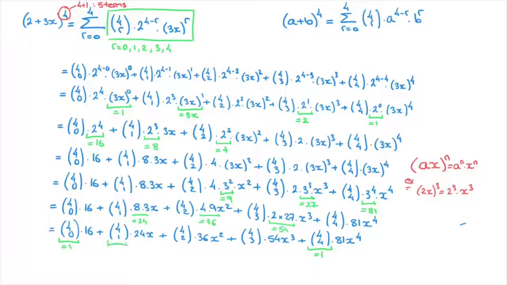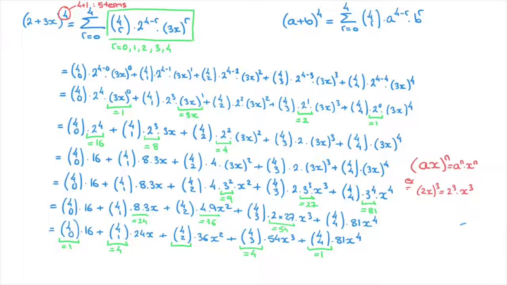Furthermore, the second and second to last binomial coefficient will always equal the power to which the binomial was raised. So in this case, that would be 4. This tells us that the only binomial coefficient we actually have to calculate is the middle one. That's the 4, 2. And I'll do that in black at the top of the page.